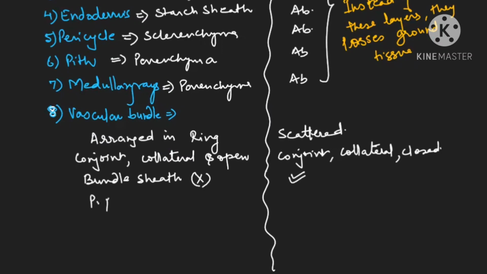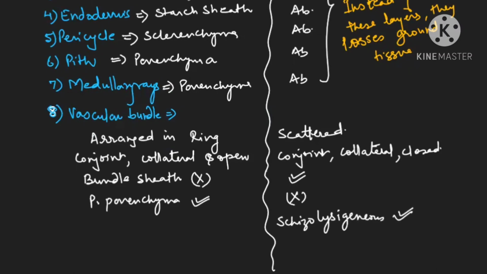Here phloem parenchyma is present. But here phloem parenchyma is absent. Here we will say schizogenous cavity absent; here a schizo-lysogenous cavity is present.